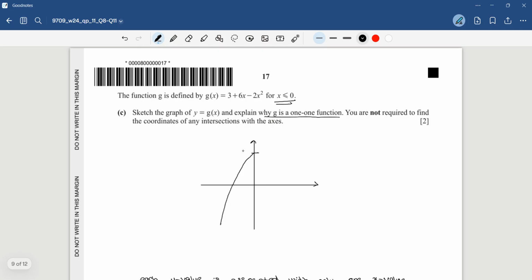Just now here is 3. What we know is, if it is an inverse function, it will be reflected at y equal to x.